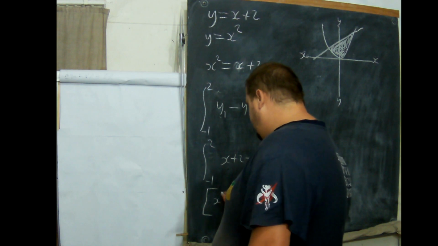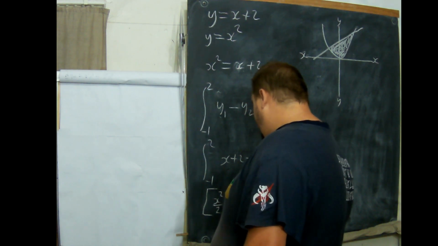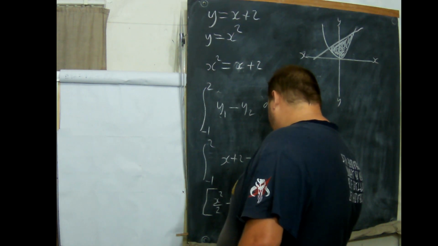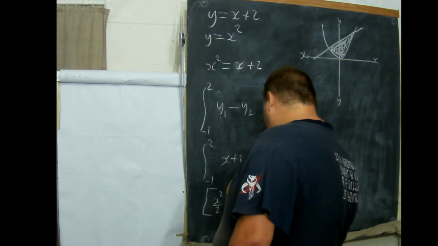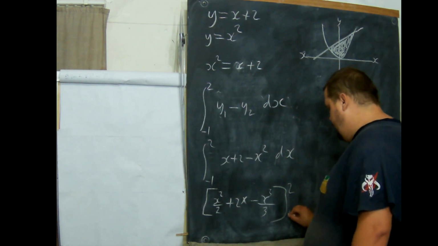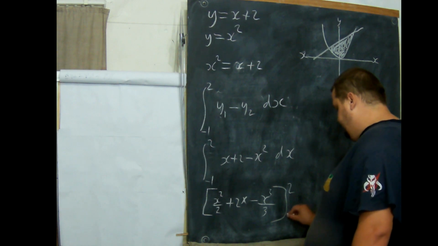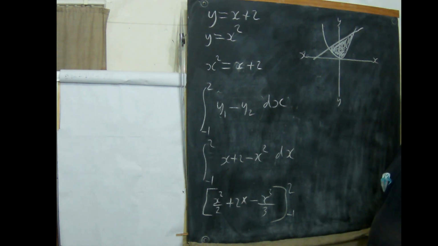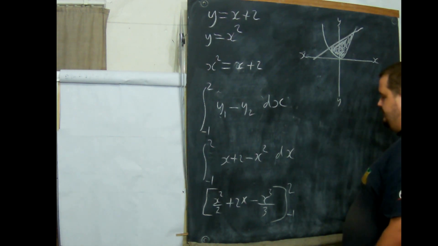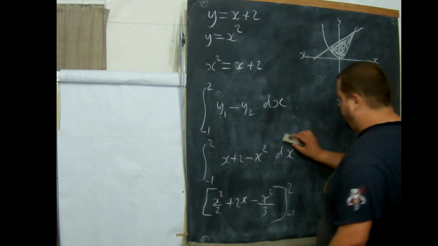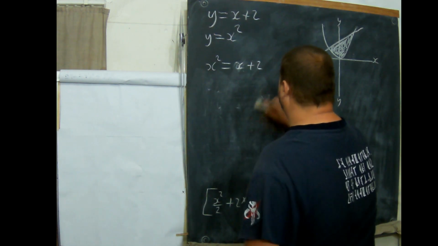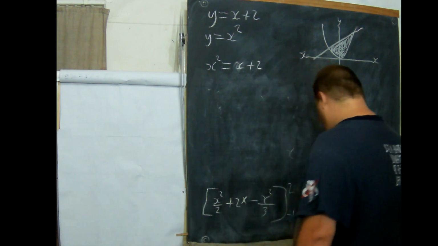That's x squared over 2 plus 2x minus x cubed over 3, from minus 1 to 2.